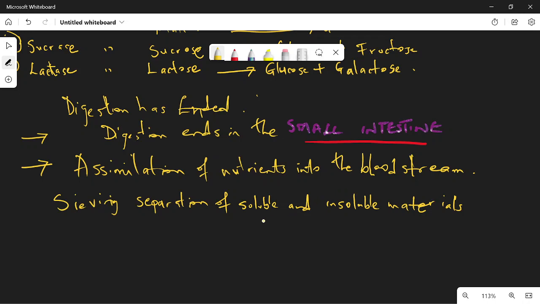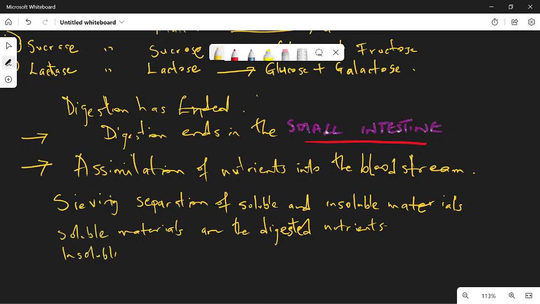The soluble materials are the digested nutrients, while the insoluble materials are the undigested or indigestible substances.